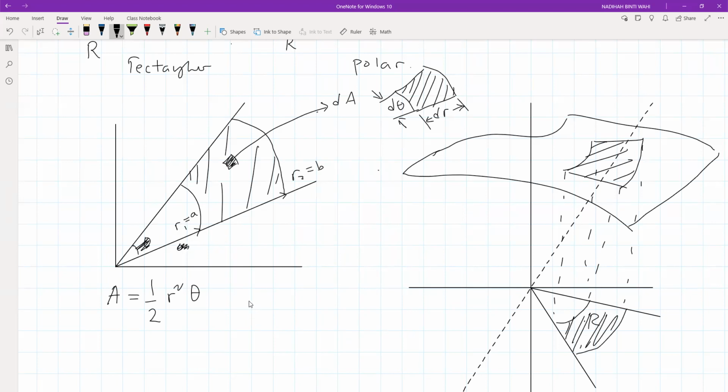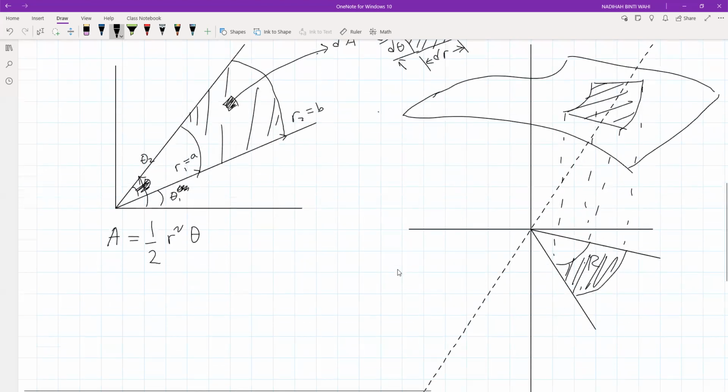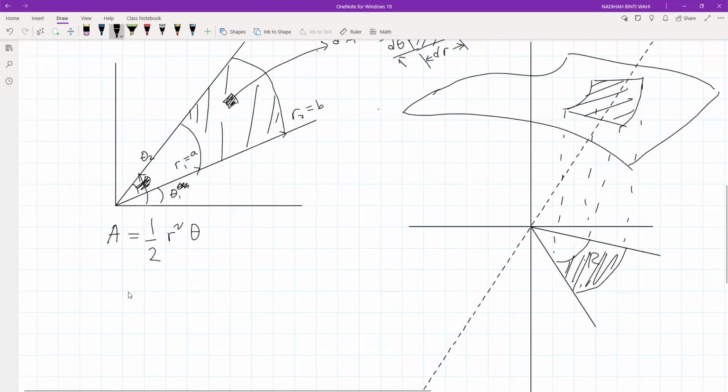Okay. And then kalau saya buat ini adalah theta 1, and then yang ni adalah theta 2. Okay. So kalau saya masukkan formula dekat sini, A sama dengan 1/2 R kuasa 2, R squared is this length, right?